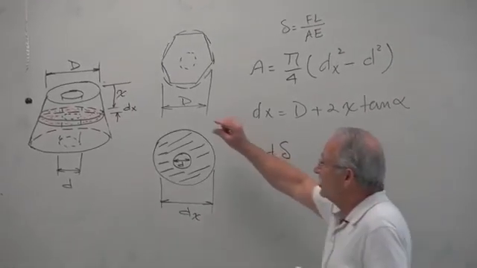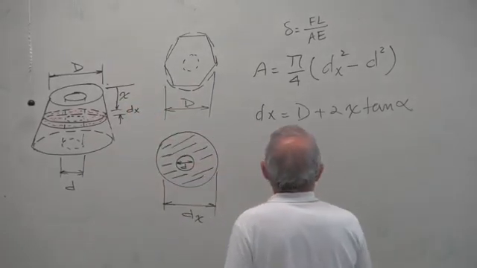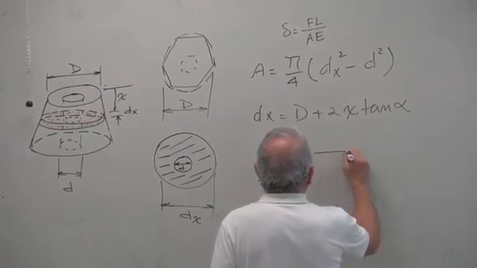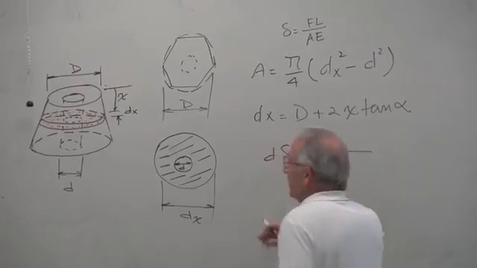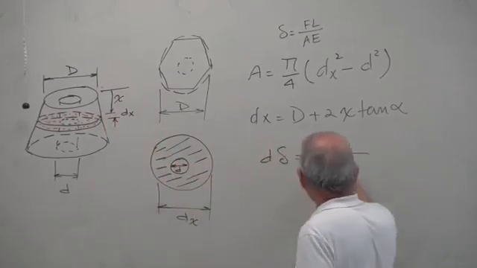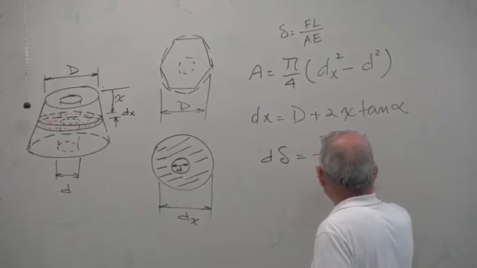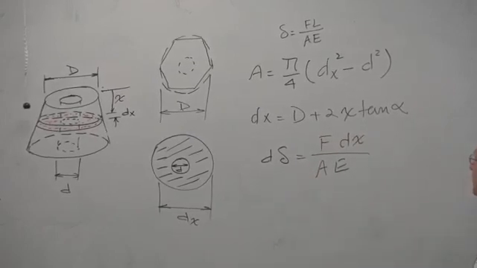But this is just a differential thickness, so d delta is equal to F times the length of the member in the direction of the applied load, which is dx, divided by A and divided by E.